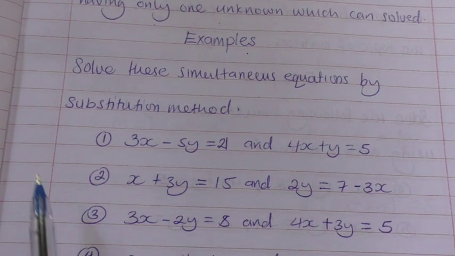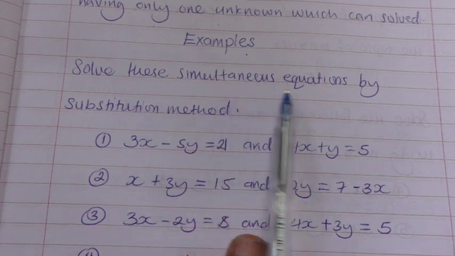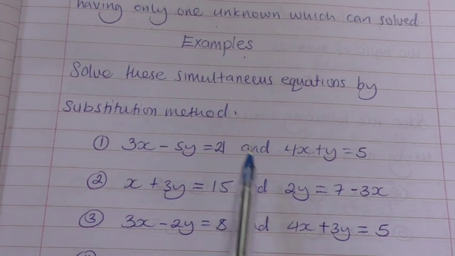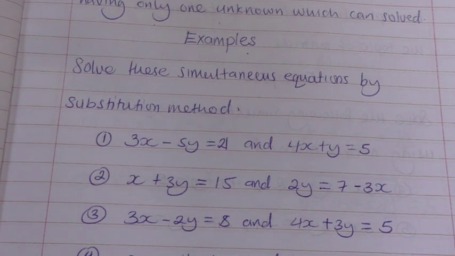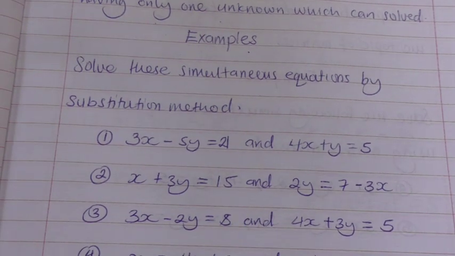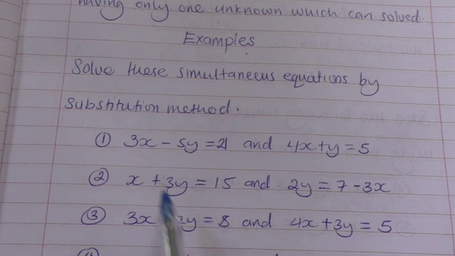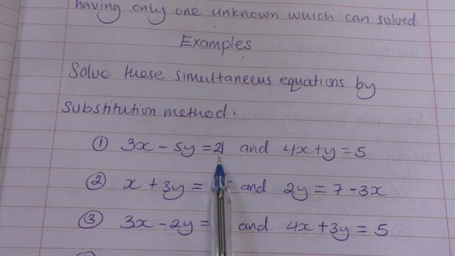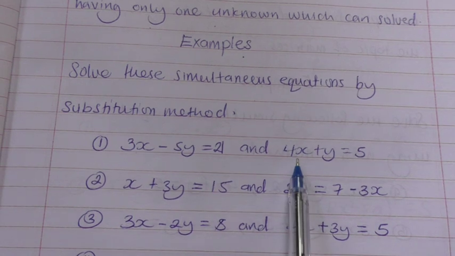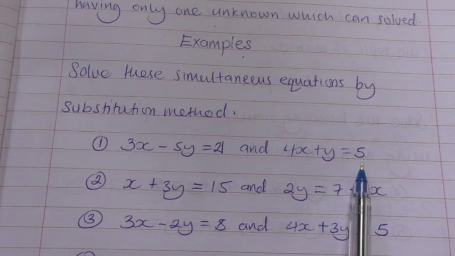The question says, solve these simultaneous equations by substitution method. Our first example is 3x minus 5y equals 21, and 4x plus y equals 5.